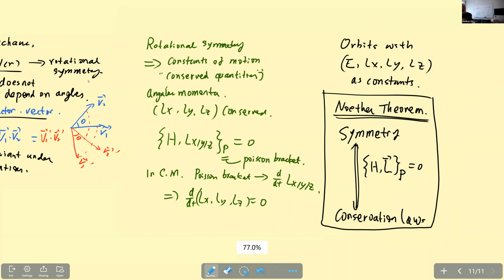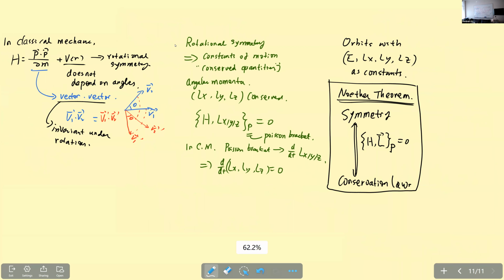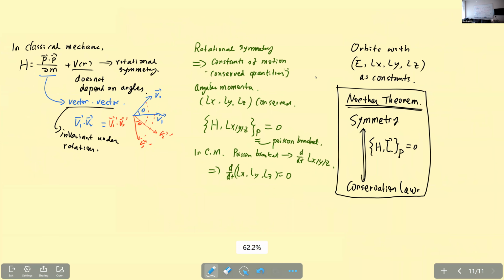In classical mechanics, a state is a motion, is an orbit.